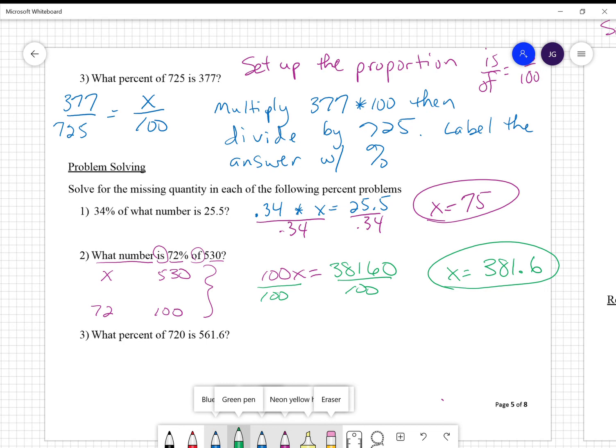Next example, I will use is over of. So what percent, so I've got X over 100, of 720 is the bottom number, is 561.6 is the top number.